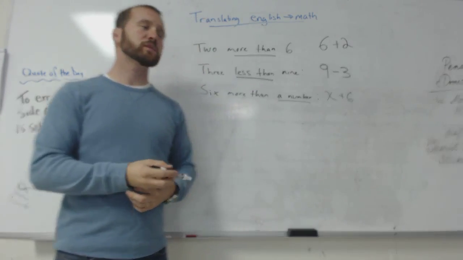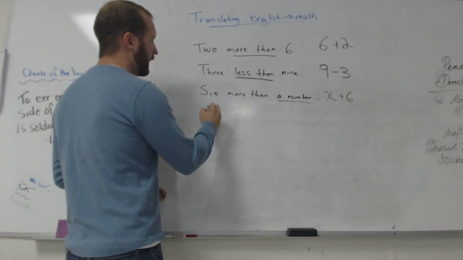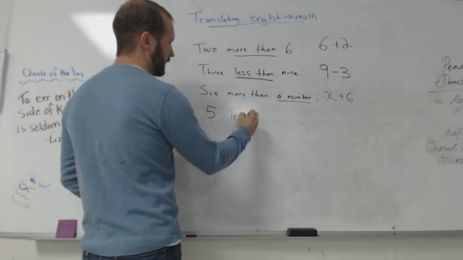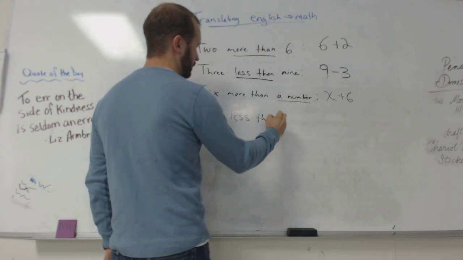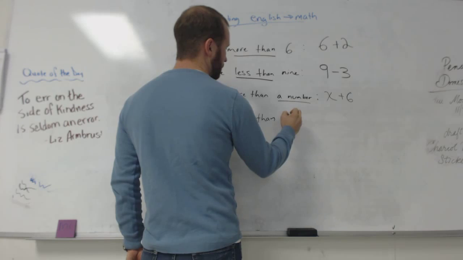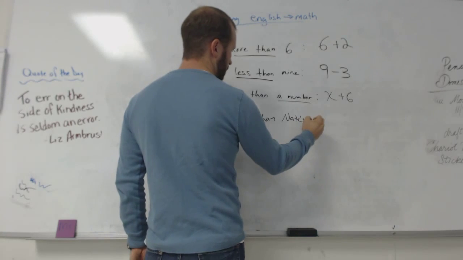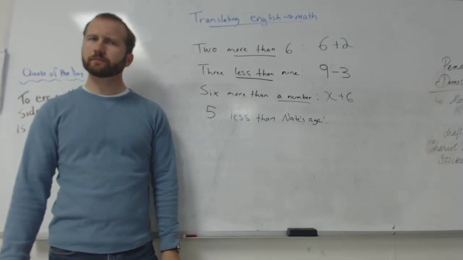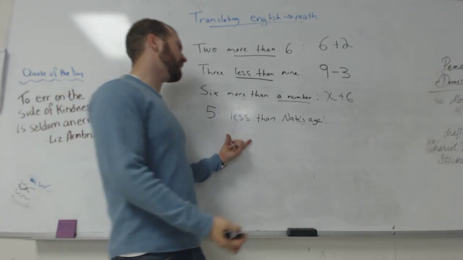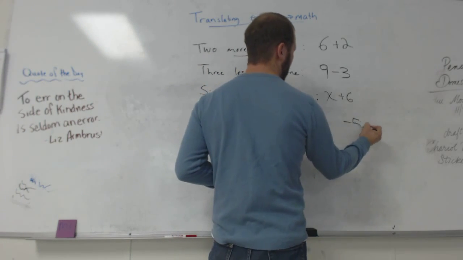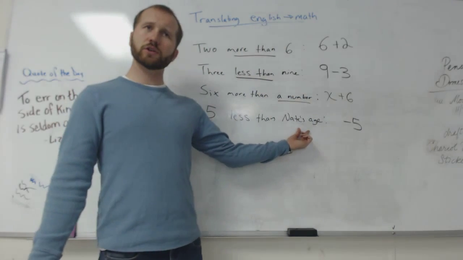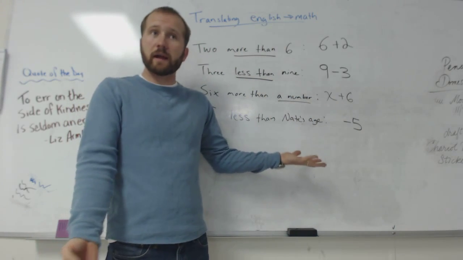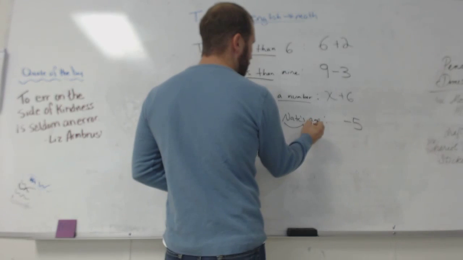What if it said 5 less than Nate's age? Minus 5. So the 5 less than is minus 5. And Nate's age is x. That's a number. An age is a number.